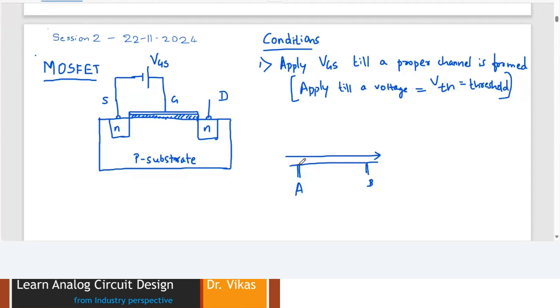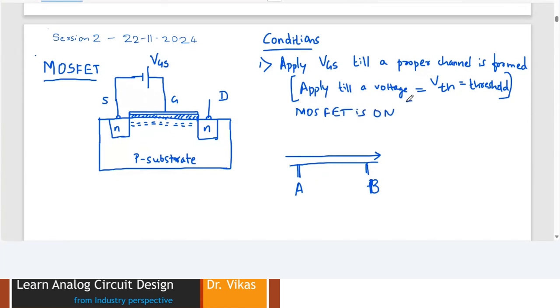The rest of the work, whatever happens on the bridge, is extra work that adds beautification to the bridge. It is not going to enhance the property of the bridge, but the core property of the bridge has been achieved the moment we build the bridge. So that point at which the bridge is completed, or that point when we say that a proper channel is formed, we say that the MOSFET is on.